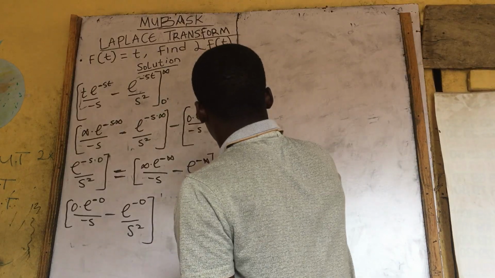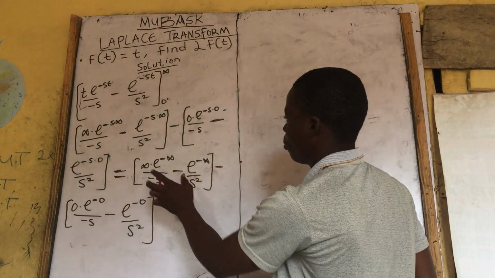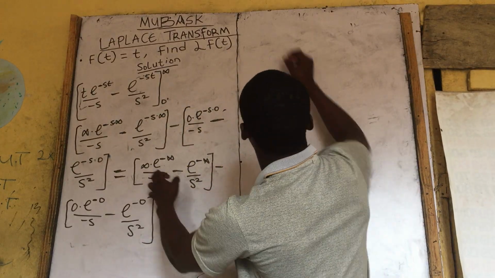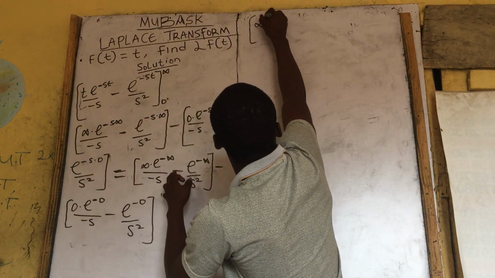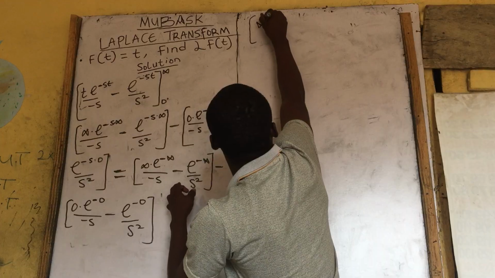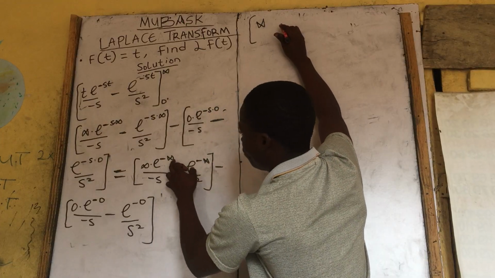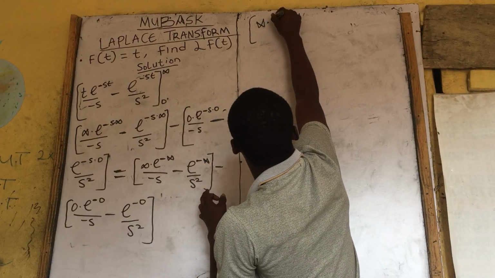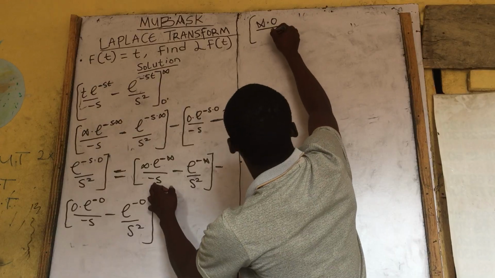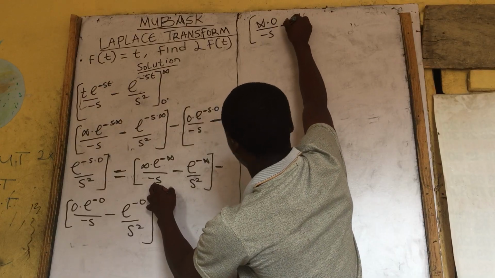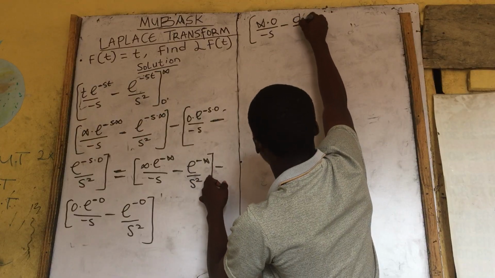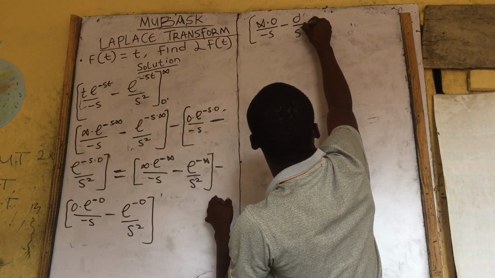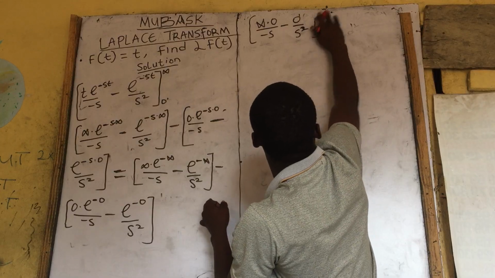The next step is to multiply it. So open bracket, infinity times exponential minus infinity giving us 0, divided by minus s, minus exponential minus infinity giving us 0, divided by s squared, all in bracket.